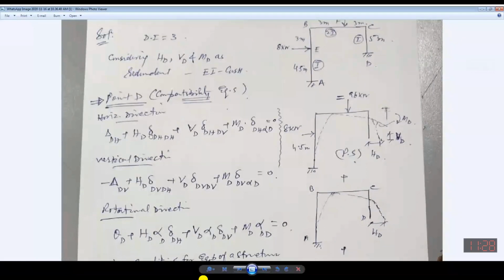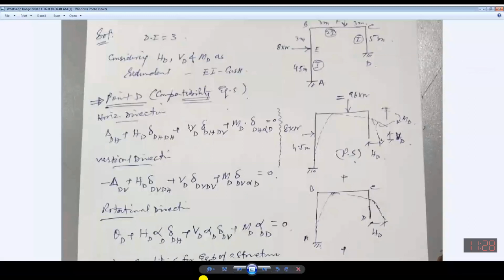Again, flexibility means what happens due to the unit load. So flexibility or displacement at D in horizontal direction due to unit force at D in horizontal direction. This is flexibility at point D in the horizontal direction due to unit load at D in the vertical direction, because this is vertical VD.